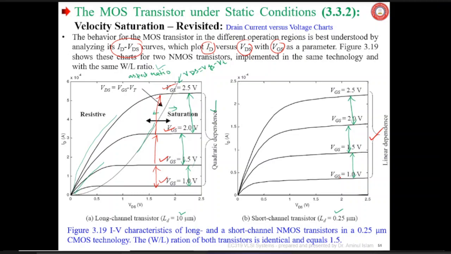While in the saturation region, it acts as a voltage controlled current source, meaning the current is saturating fully when the channel length modulation effect is ignored. The transition between both regions is separated by VDS equals VGS minus VT, somewhere here. This is the point.